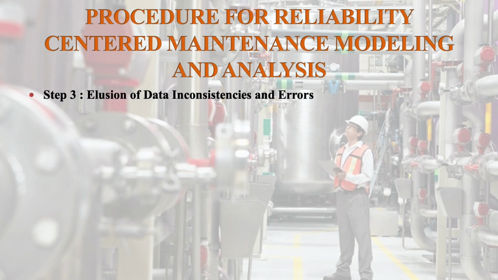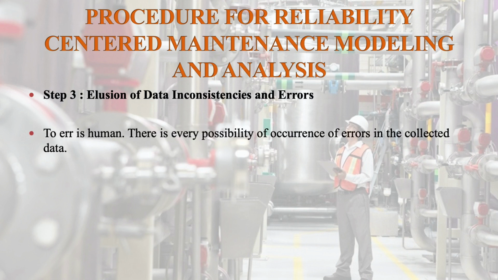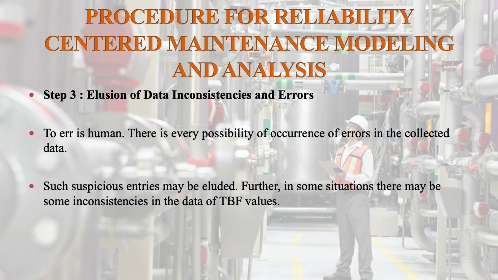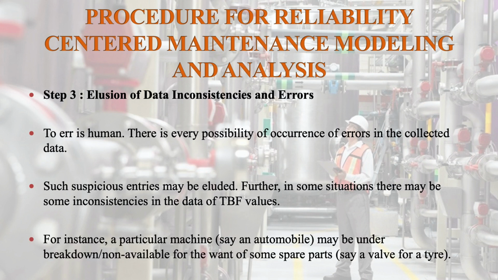Step 3. Elimination of data inconsistencies and errors. To err is human; there is every possibility of errors occurring in the collected data. Such suspicious entries may be eliminated. Further, in some situations, there may be inconsistencies in the TBF values. For instance, a particular machine, say an automobile, may be under breakdown, non-available for want of some spare part, say a valve for a tire.